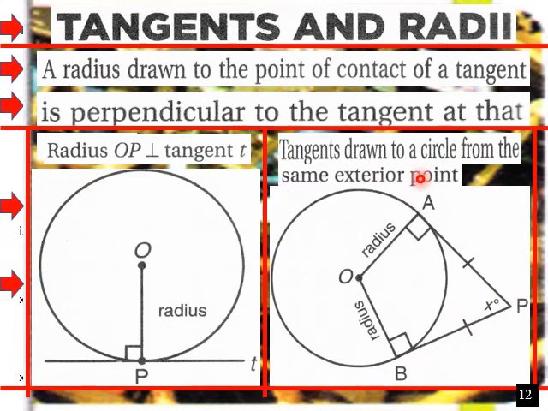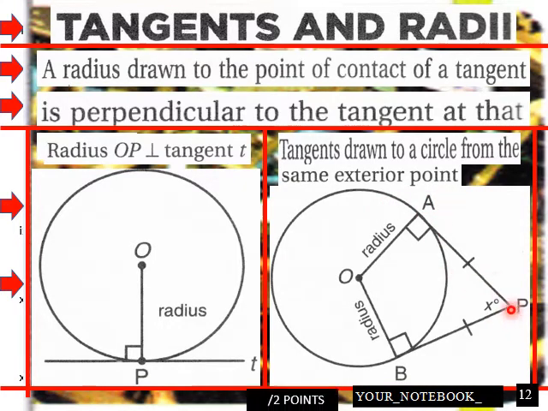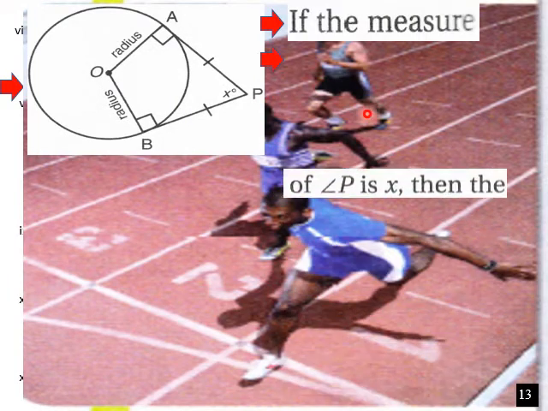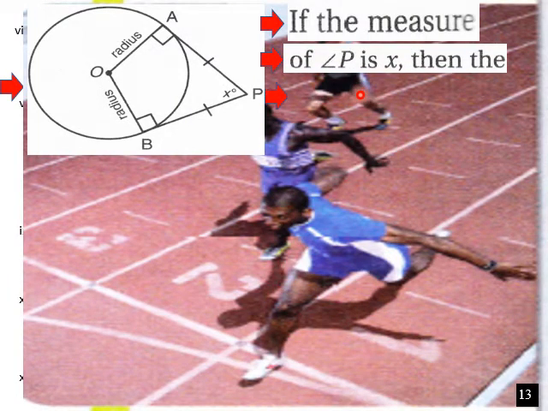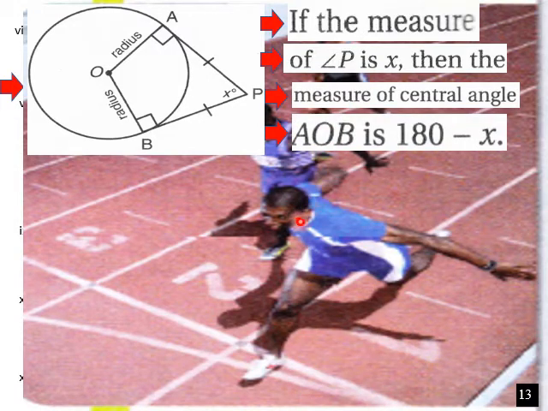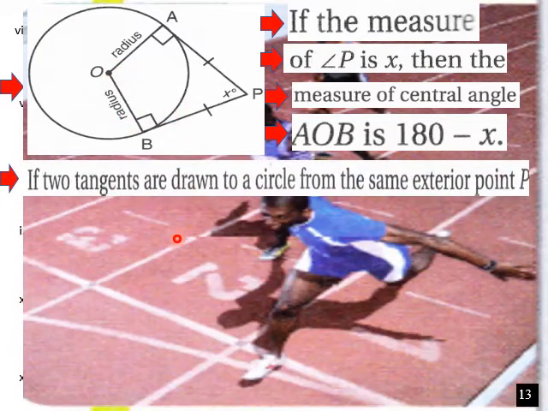For tangents drawn to a circle from the same exterior point, in this case P: if the measure of angle P is X, then the measure of the central angle AOB is 180 minus X. This is a rule for finding the measure of this angle. If angle P is X, then this equals 180 minus X.